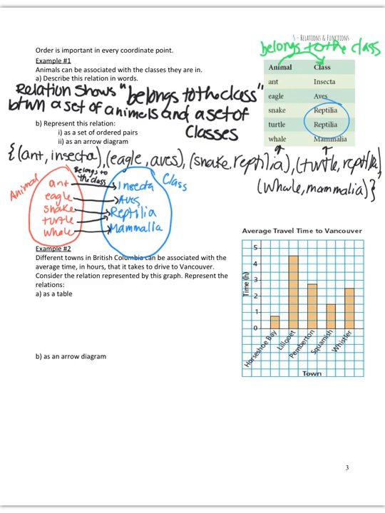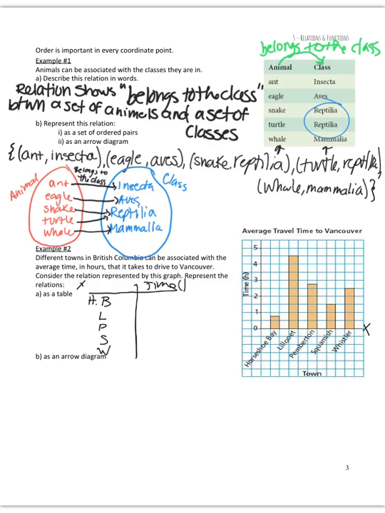So consider the relation and represent it as a table. All right, so in a table, we always list our X values first. And because this is the X portion of our graph, we're going to list the names of the places first. So Horseshoe Bay, Lillooet, Pemberton, Squamish, and Whistler.